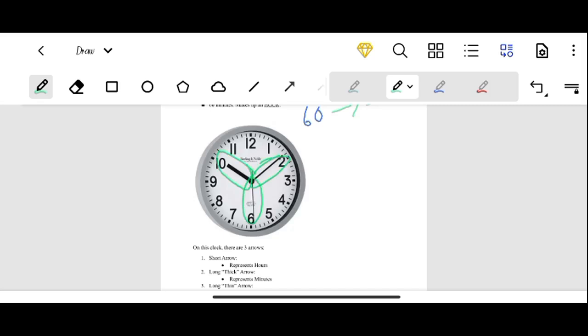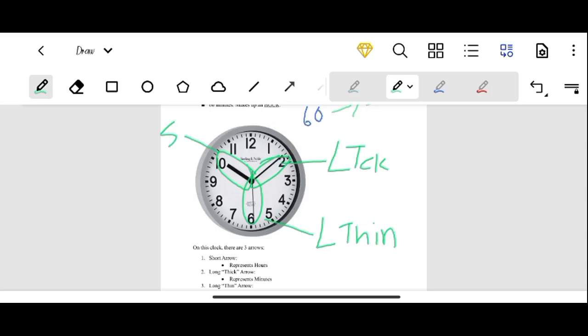The difference between these arrows is that this one is a long arrow that is thick. We have the long arrow that is thin. We have the short arrow.